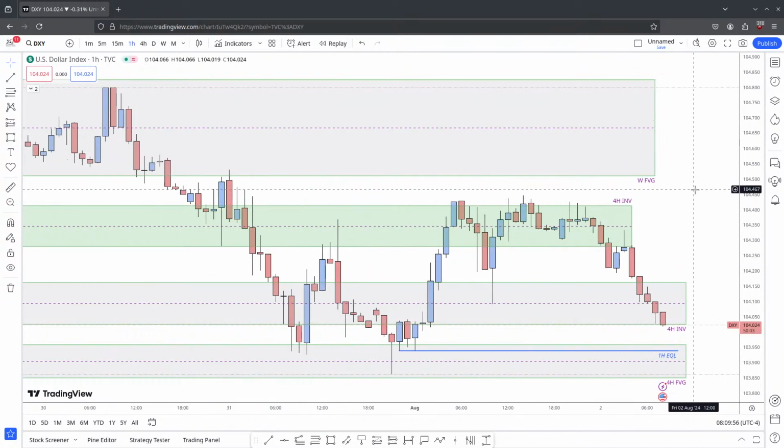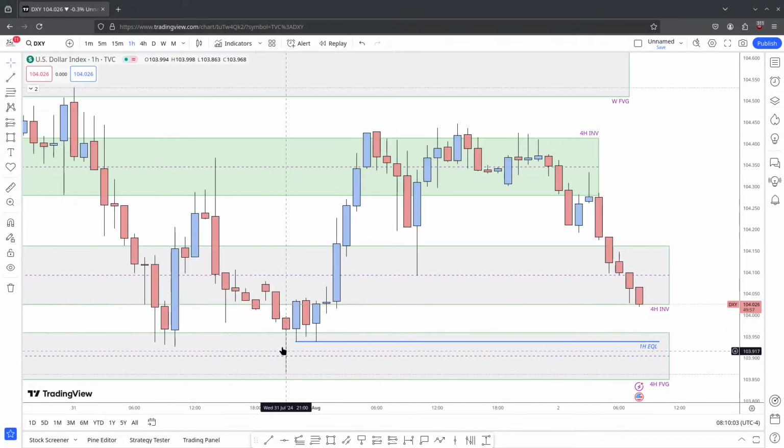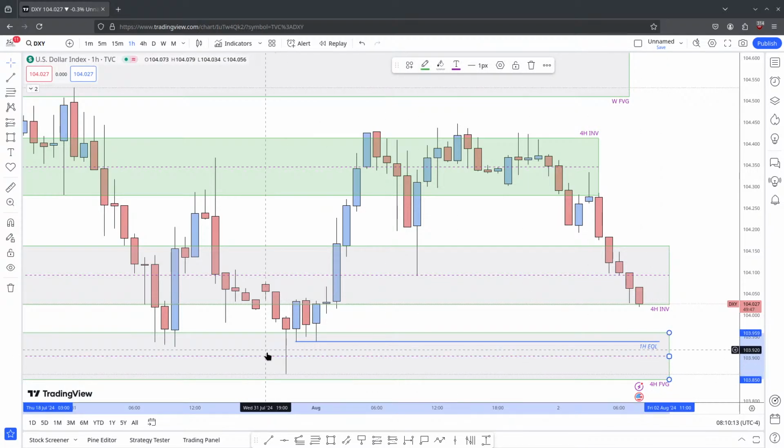Then looking at the 1 hour, we have these equal lows over here, as well as this wick, which you could take note of. If you want to do that, you can do that, but it's close enough to this 4-hour fair value gap consequent encroachment, so I'm going to not take note of that for the sake of keeping the charts a bit cleaner.